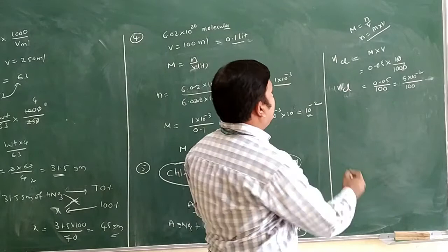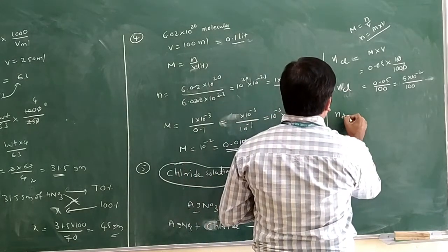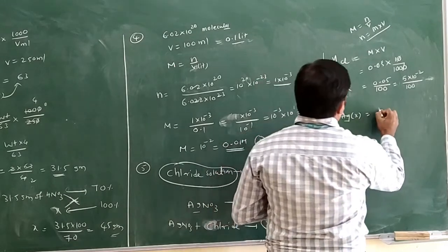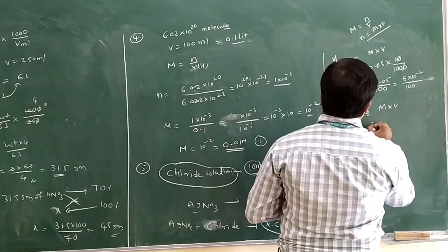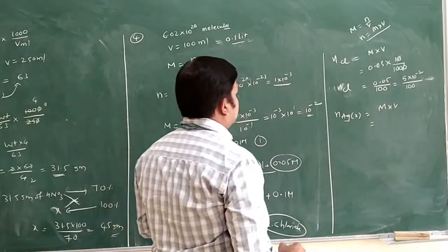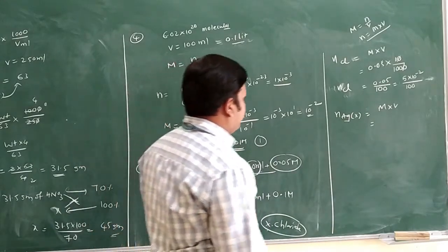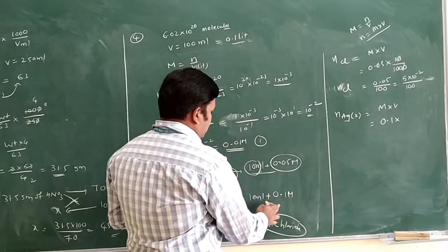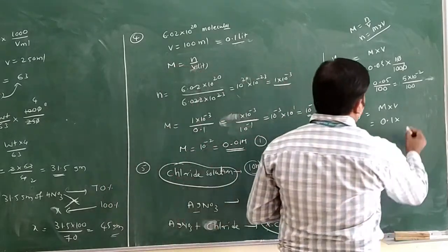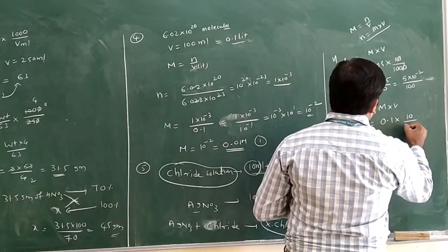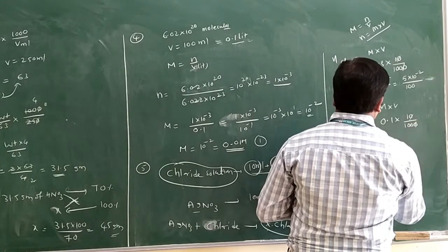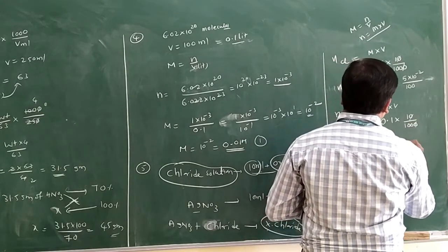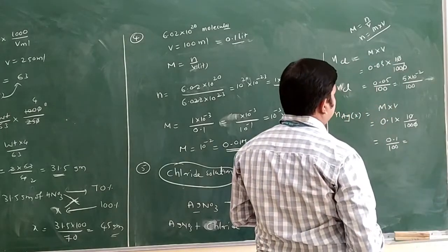Clear? Now we can find out here the number of moles of metal. The metal you can imagine is X. So we will write molarity into volume only. What is the molarity given here? This is 0.1 into, what volume is given? This is also 10 ml only. So we will write 10 by 1000. What will you get here? 0.1 by 100 only.